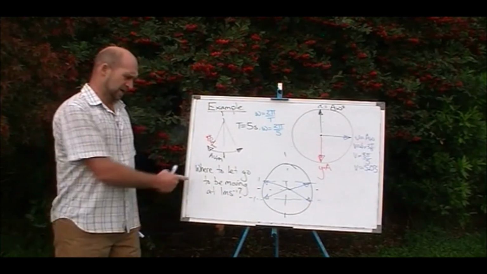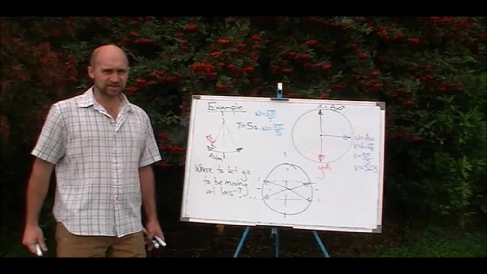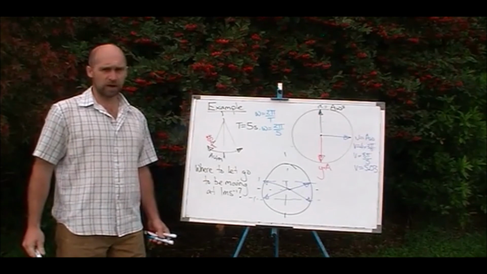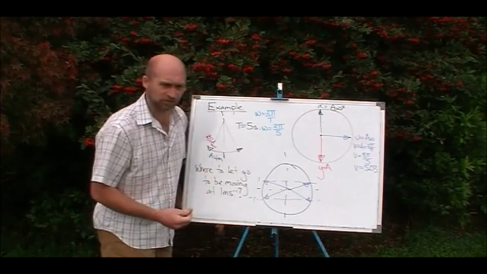But because the question wasn't clear, we're just going to go for the next place where it's exactly 1 meter, which is going to be that one just there. So let's get rid of the complexity.